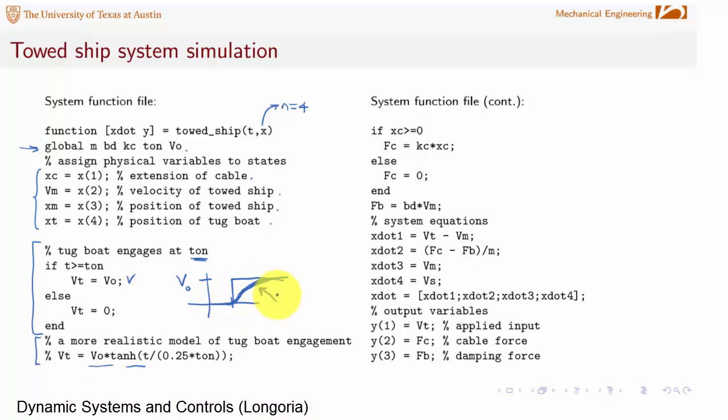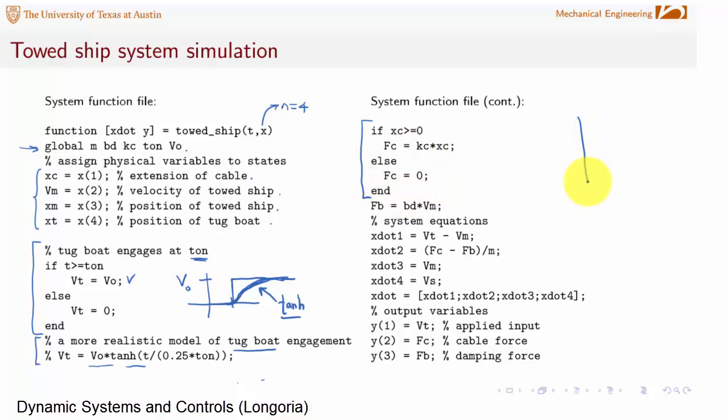So this is a hyperbolic tangent, which is a nice smoother function for the velocity than a step. This would more properly model the tugboat engagement and wouldn't give you such sharp inputs, which again are not realistic necessarily.